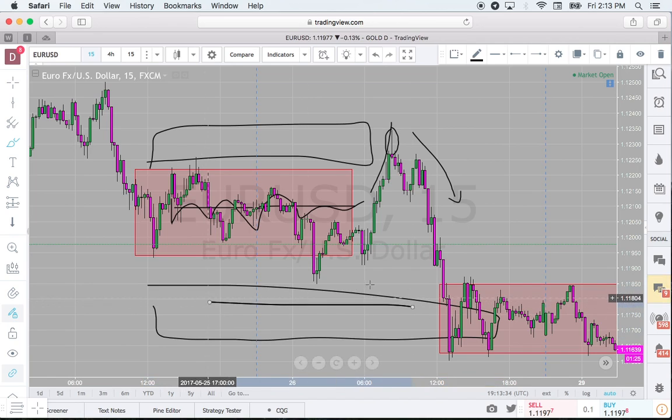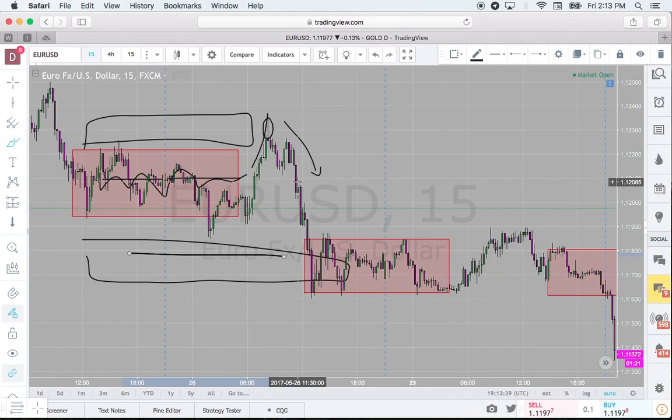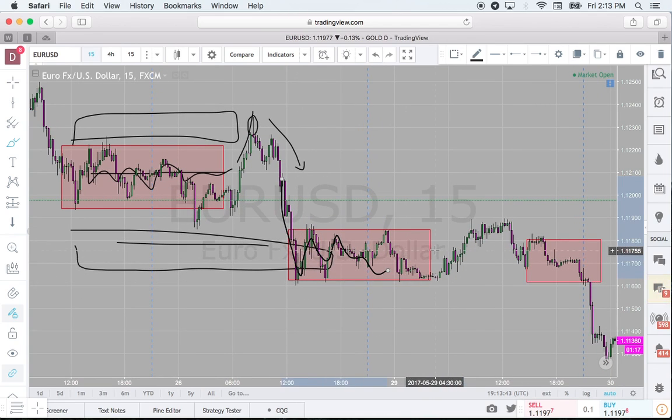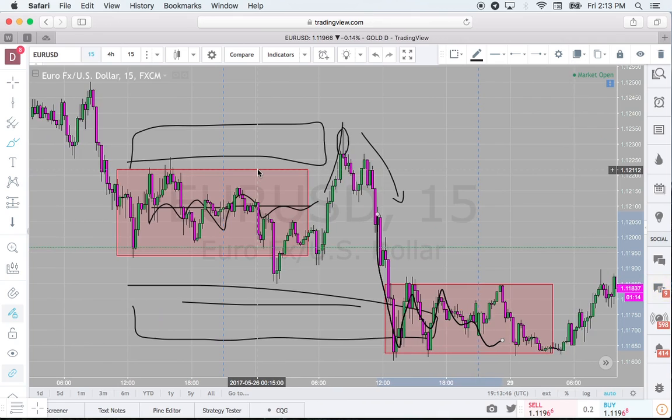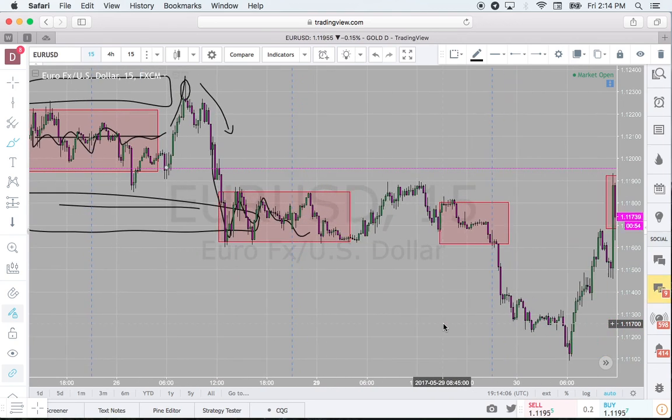You can see then they came down, hit the stop losses, and then consolidated, ended the day in consolidation. This spike up happened London session, and then London session they came down, and then New York session they jammed up people, and then ended the day in consolidation for Asian session.